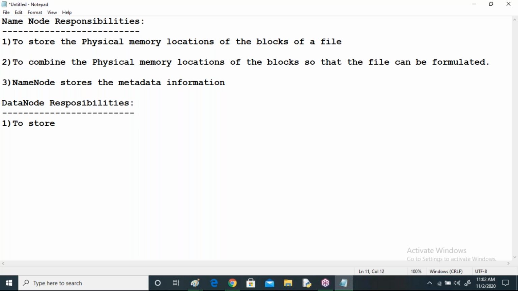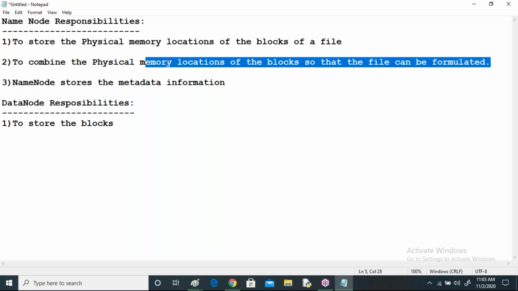Who is going to process the task? Who is going to execute the tasks? Who is going to process the data? Processing components. Data node is mainly used to store the data blocks. Name node is to store the metadata information and physical memory location addresses of the blocks of a file.